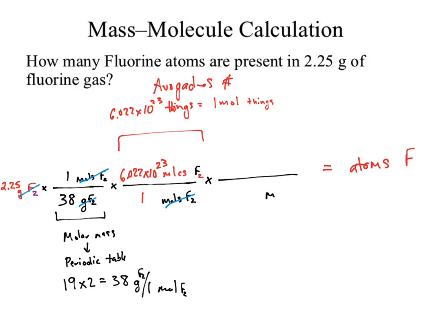What has to happen? Atoms. I need the molecules of F2 to cancel, and what do I want? Atoms of F. Does that conversion factor exist? Yeah. Where does that conversion factor exist? It's the meaning of the chemical formula, the symbol F2.